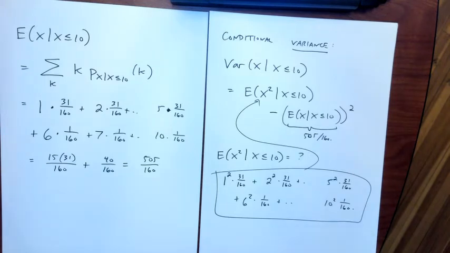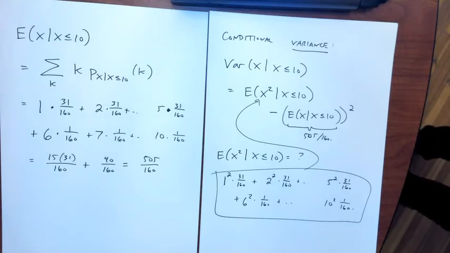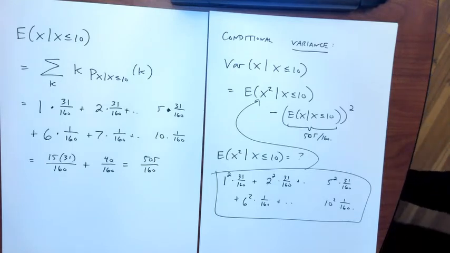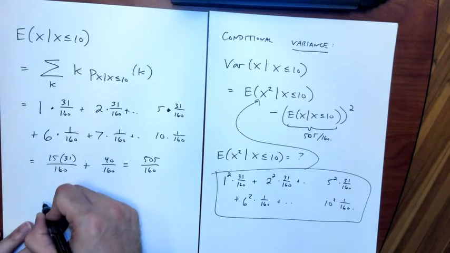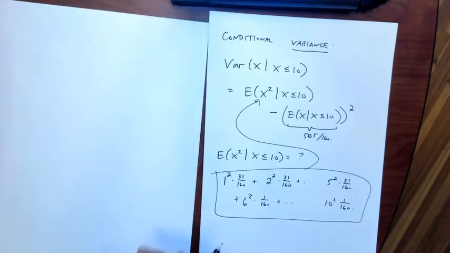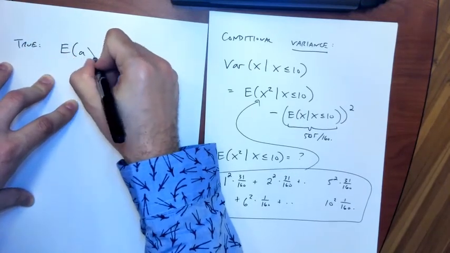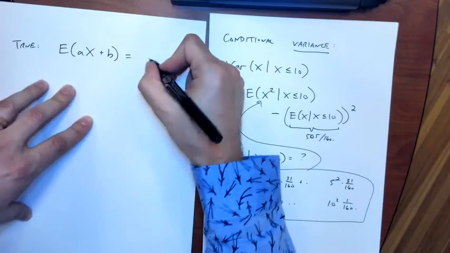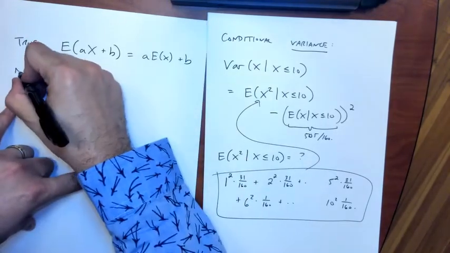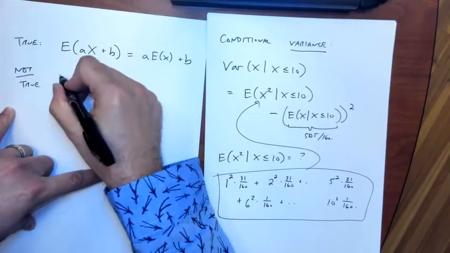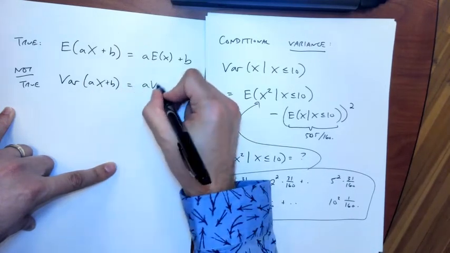So one thing that we talked about last time was that it's not true. So one thing that I saw coming up on homework 6, and I'm going to talk about this on Thursday, is that while it is true that the expected value of some linear function of a random variable works this way, we kind of explained why that was, it is not true that the variance of this thing is equal to this.